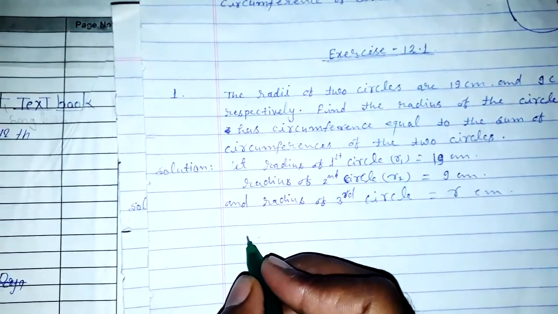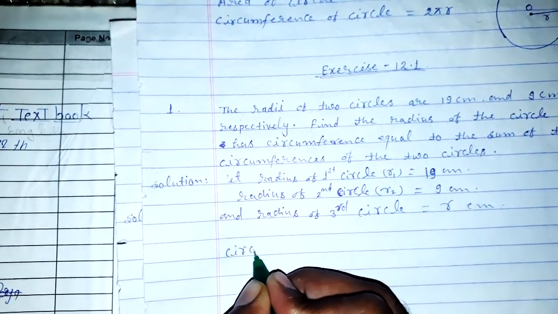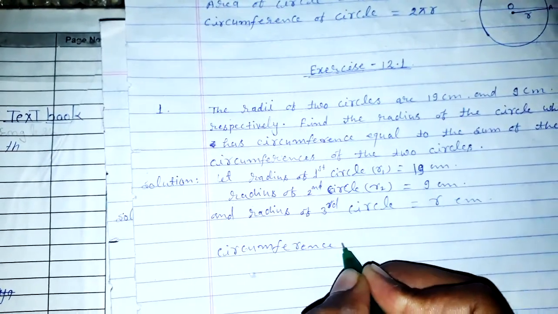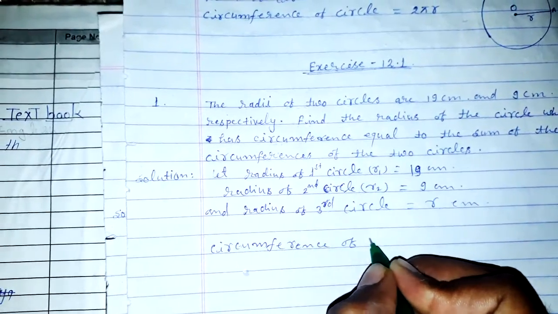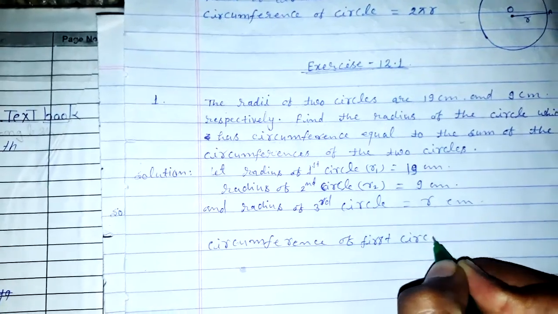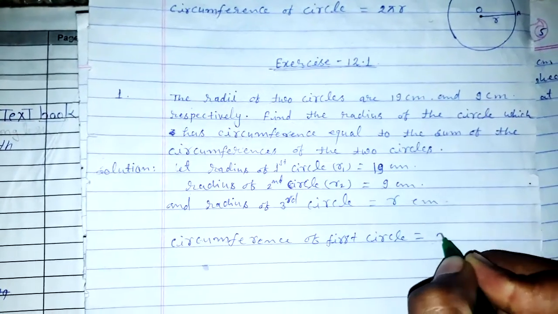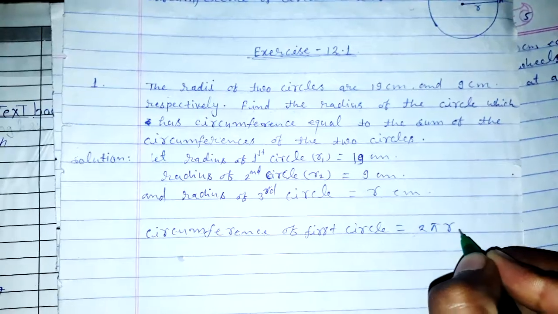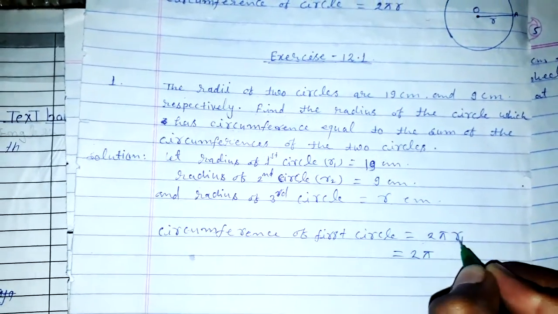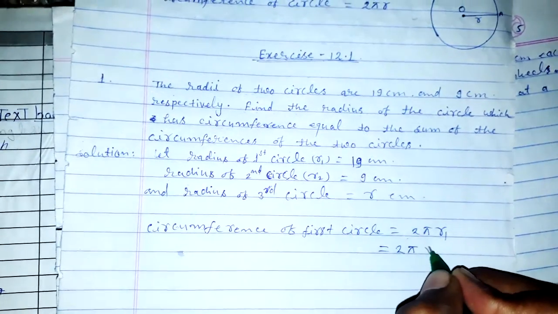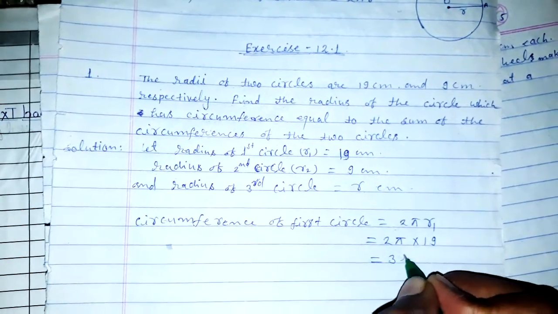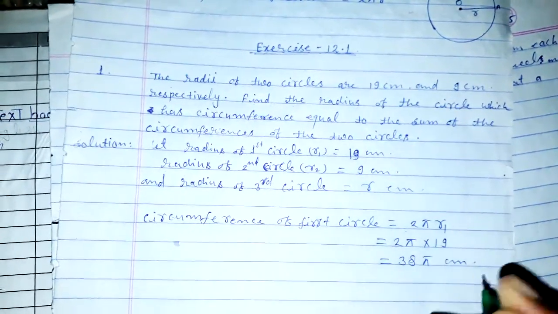So first, the circumference of the first circle is 2 pi r1. What is the value of r1? r1 is 19, so 2 times 19 is 38 pi centimeter.